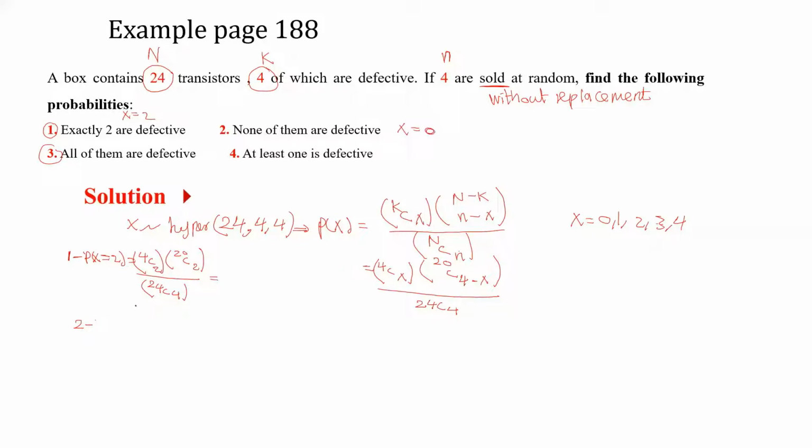So instead of x we write 0, P of X equals 0. 4C0 is 1, multiplied by 20C4, since 4 minus 0 is 4, over 24C4. This equals 20C4 over 24C4.